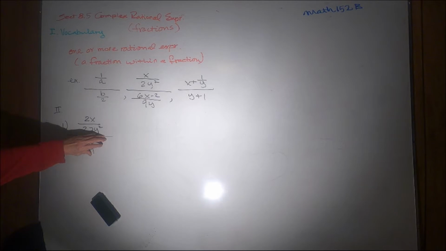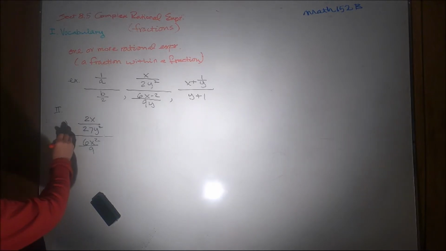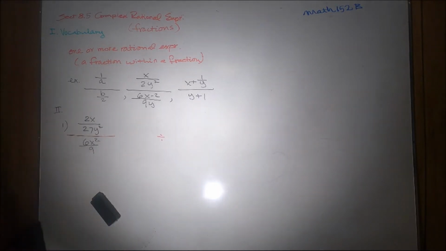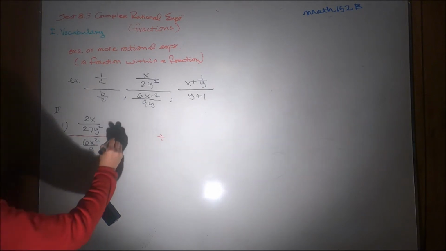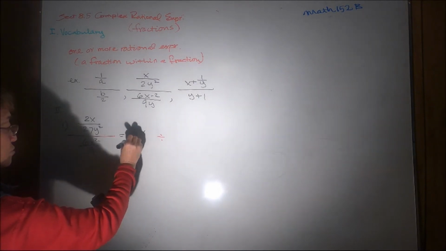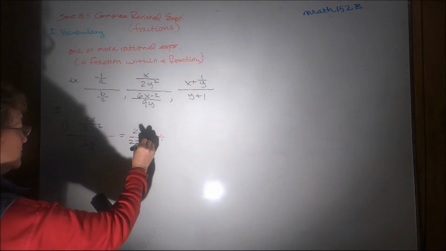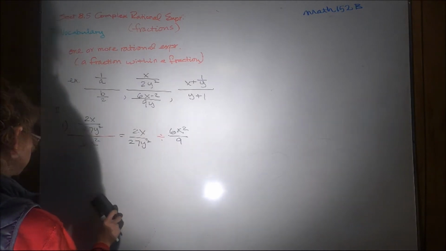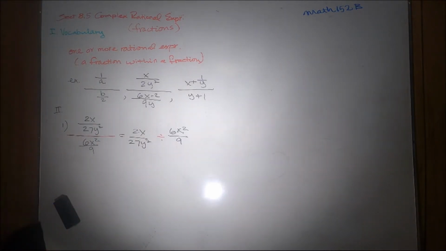One numerator, one denominator. How can we make it happen? If we rewrite it this way, this line means what? A division, right? So if we rewrite this one like this, division over this, would that look much better? It becomes what?